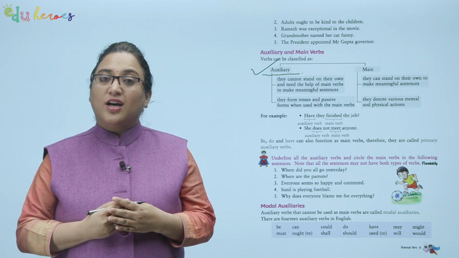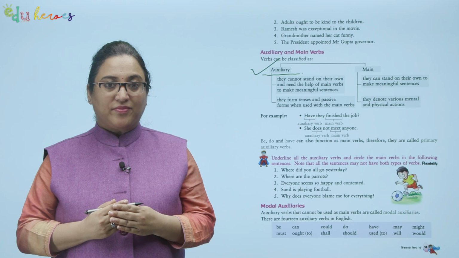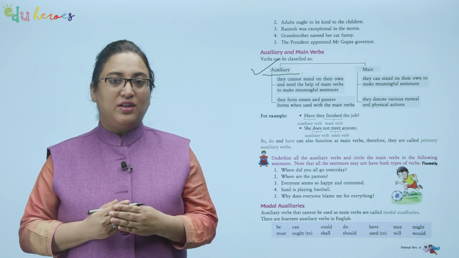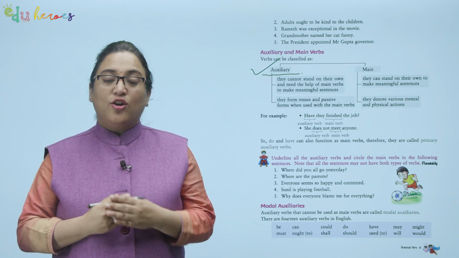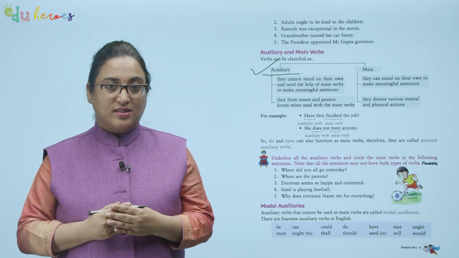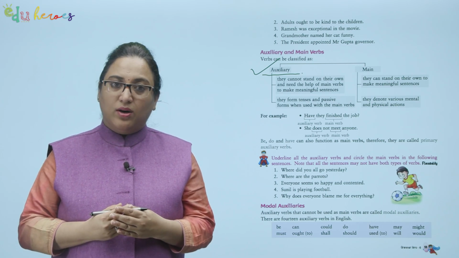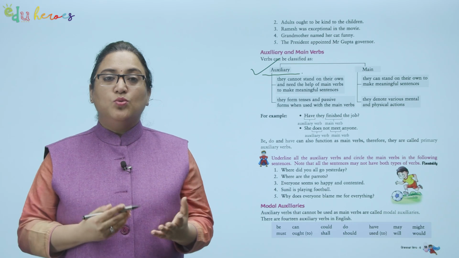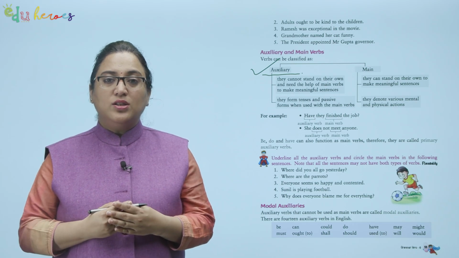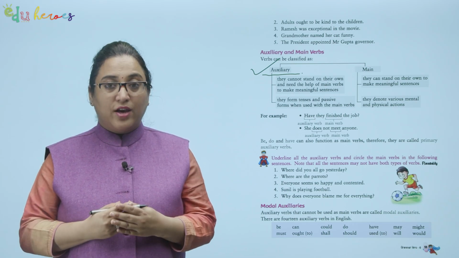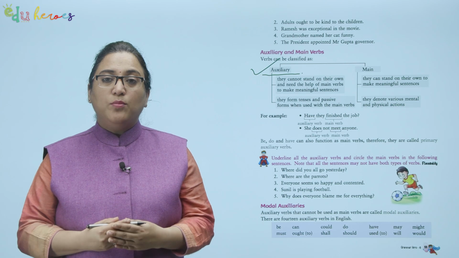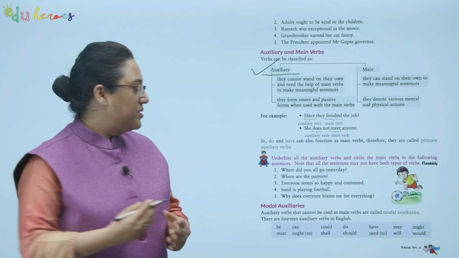Similarly, she does not meet anyone. Here, what is the main verb? Meet. And the auxiliary is does, or you can also call auxiliary verbs helping verbs. Be, do and have can also function as main verbs. Therefore, they are called primary auxiliary verbs.